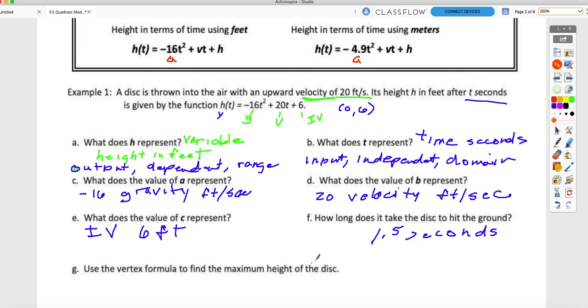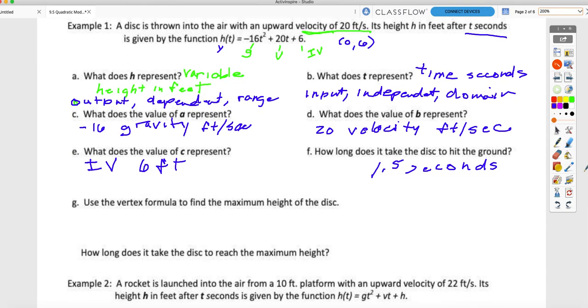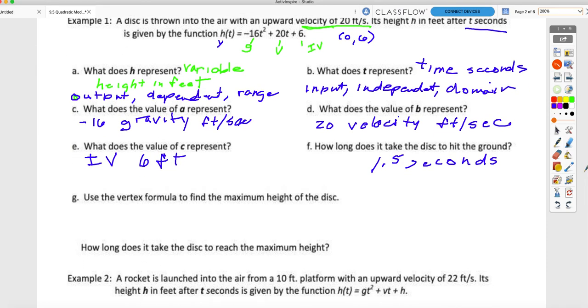Use the vertex formula to find the maximum height of the disk. So this is one of those cases where the vertex formula might be easier to use than the calculator. So let's go ahead and take a look. We said that this was A, B, and C. That's A, that's B, and that's C. I need that for the formula.